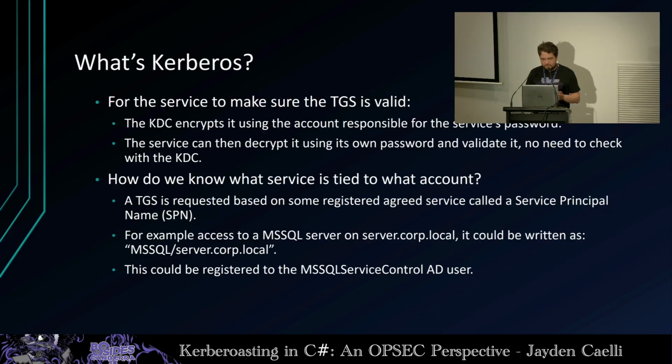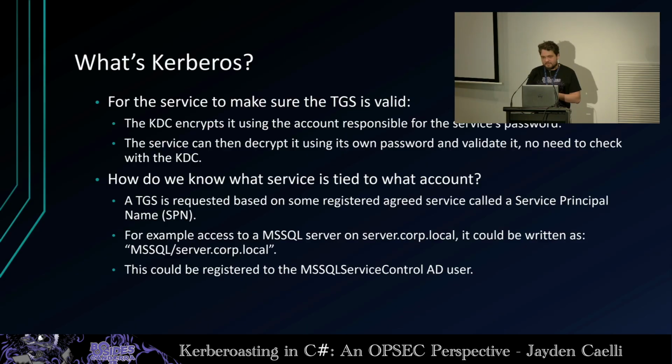So how do we know exactly what account and services tie together? The way it works is based on the thing called a service principal name. This is assigned to a specific Active Directory account where there is a property called the service principal name property that will have this listed in it specifically. So for example, let's just say I want to access the MS SQL server running on server.corp.local.